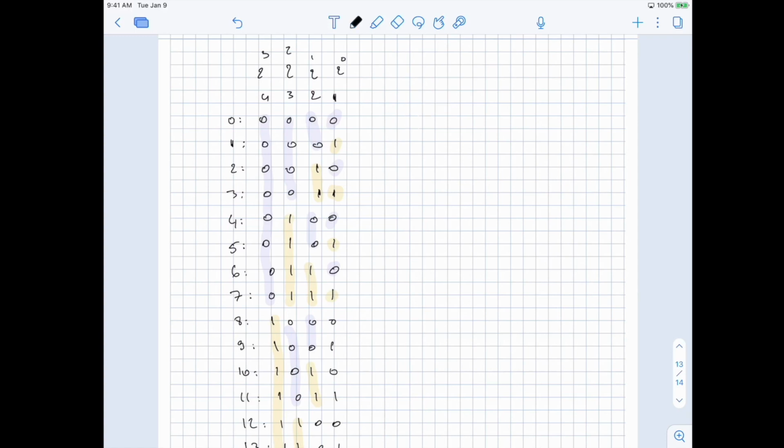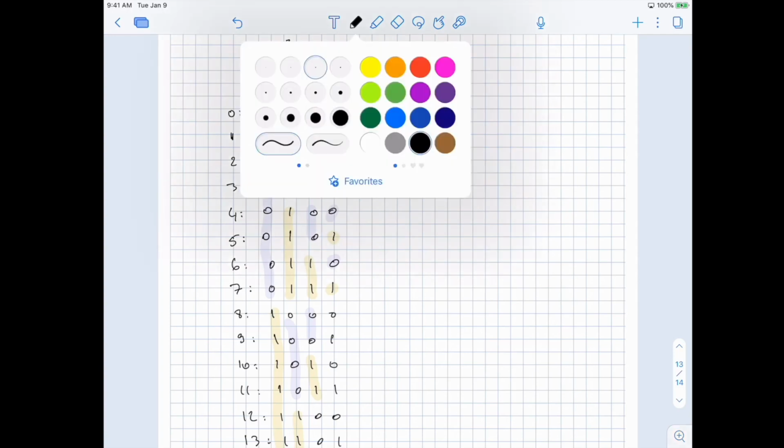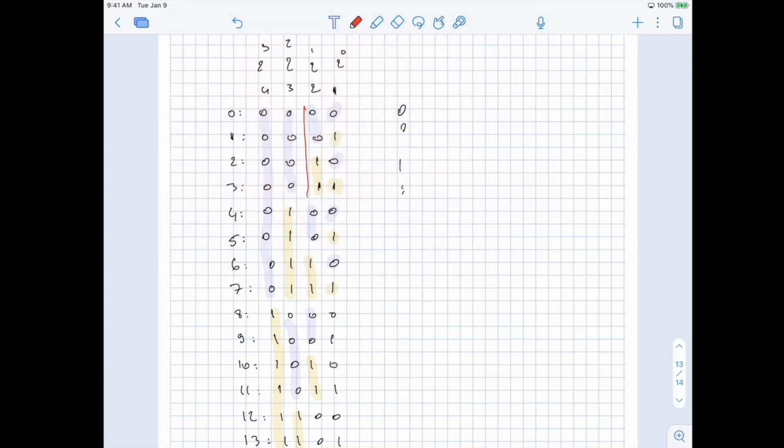But another way to observe this is that if you look at the groups, and by groups I mean the zeros and then the ones, and then we have the same group again. So let's look, for example, at this here. You can see we have 0, 0, and then 1, 1.